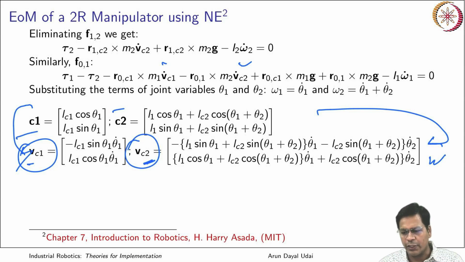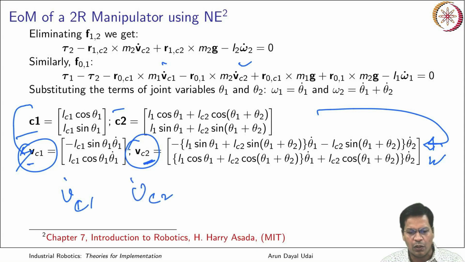So yes, now that you have obtained Vc1 dot and Vc2 dot, you can obtain them by taking the derivative of this. Substitute that here. You see it is quite lengthy. Even for just two links it becomes a very lengthy equation, and you have to handle it analytically with symbols. For such a long equation, it becomes really difficult, even for a planar case like this.